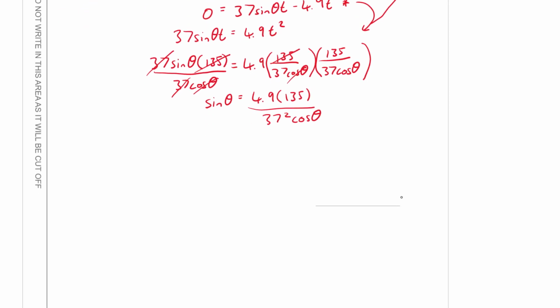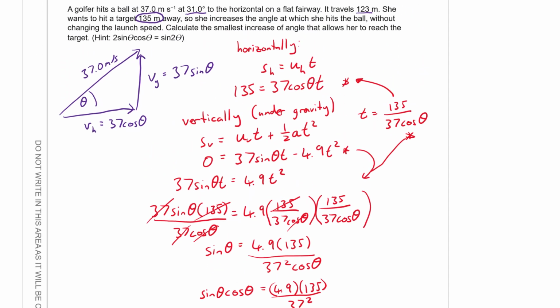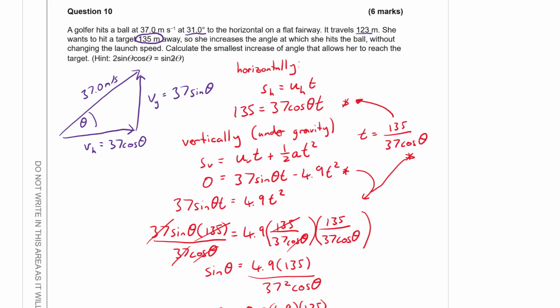Great. So now I can bring this cos theta over, because what I'm trying to do is get that trig identity that we had at the top there. So sine theta cos theta is equal to 4.9 times 135, all that sort of stuff, over 37 squared. Okay, so I know that two of sine theta cos theta is equal to sine 2 theta, right?